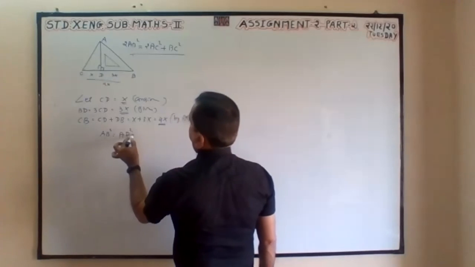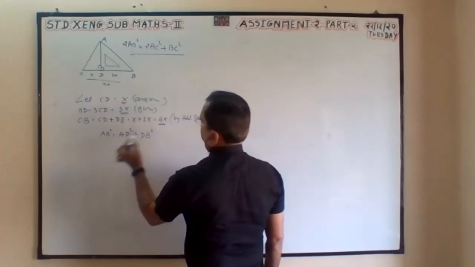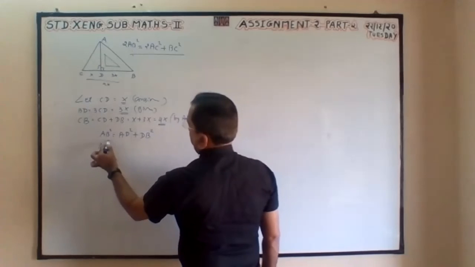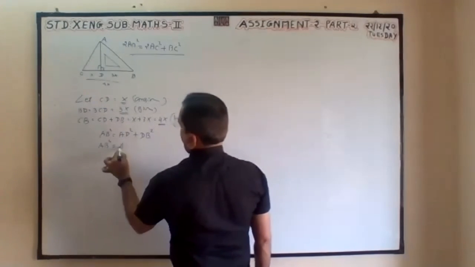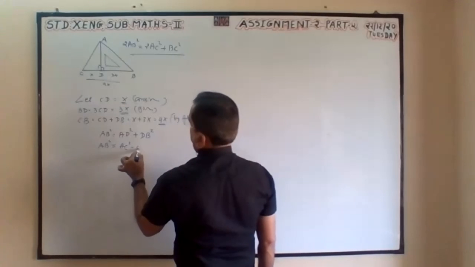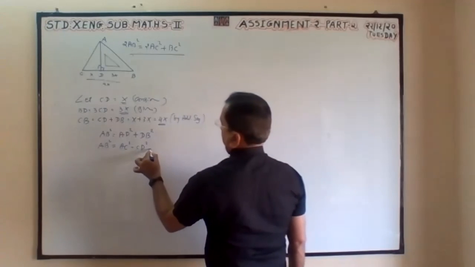In triangle ABC, AB square is AD square plus DB square. AD means AC square minus CD square.